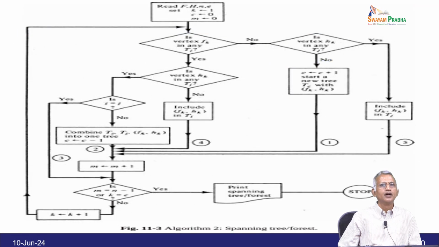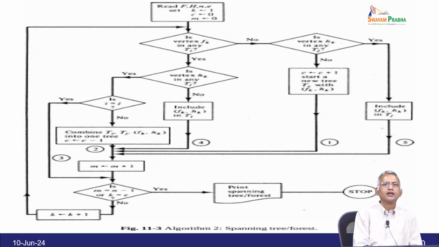So, this is the flow chart: read F, H, n, e, set k equal to 1, c equal to 0, m equal to 0. Is vertex Fk in any Ti? If no, then is the vertex Hk in any Tj? If yes, include Fk and Hk in Tj, and then m equals m plus 1.